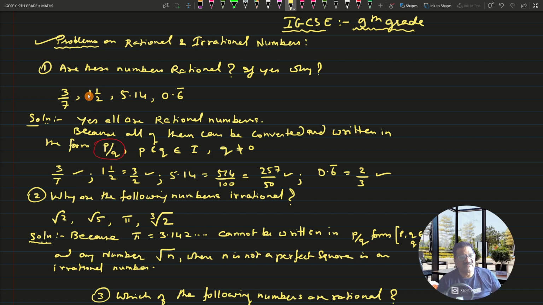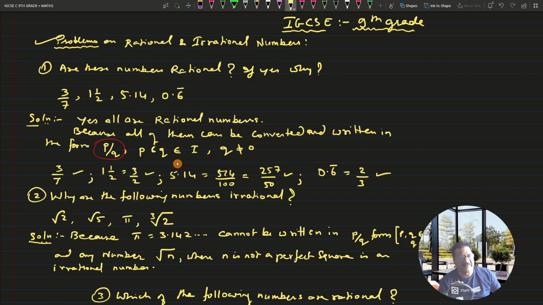Now the second one is 1 by 2, that is 1.5. Now this 1 by 2 is a mixed fraction. You can easily convert it into an improper fraction, and you can write it as 3 upon 2. So 1 by 2 is the same as 3 upon 2, and 3 upon 2 is again in the form of p upon q, where both 3 and 2 are integers, and the denominator integer is not equal to 0. So again this is a rational number, right?